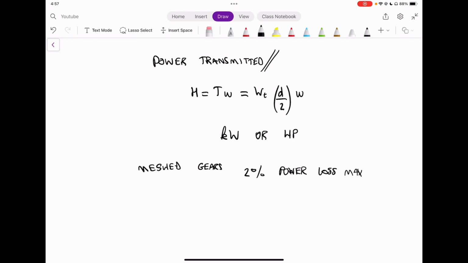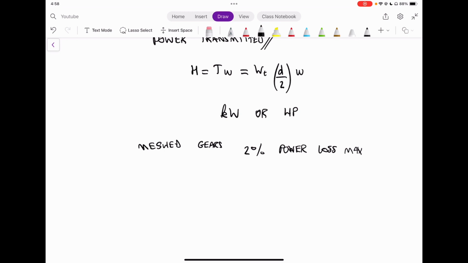So if you put a power of, let's say, 300 horsepower through one gear, the next gear will feel at the minimum 294 horsepower. Okay, and gear data is usually tabulated with pitch line velocity.